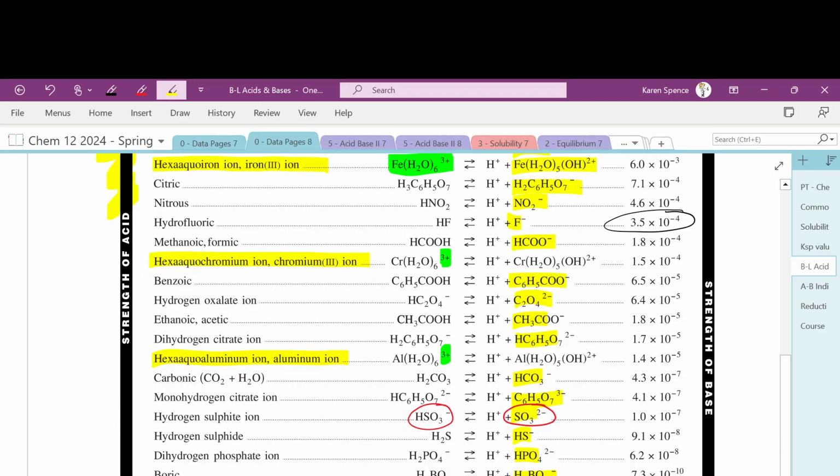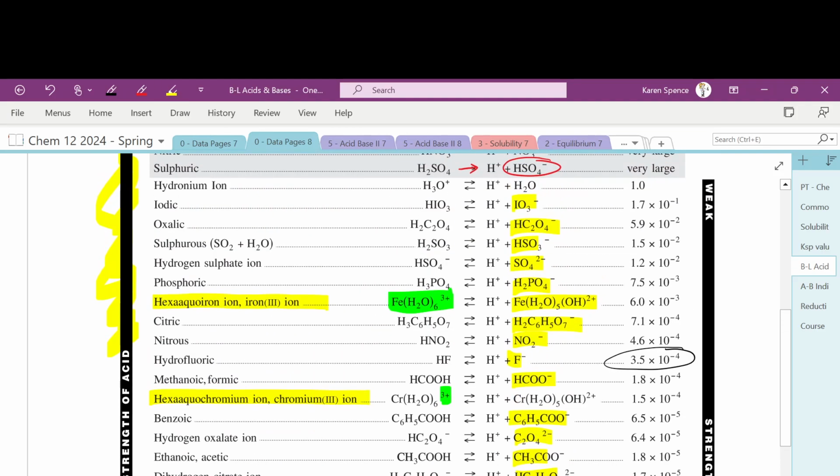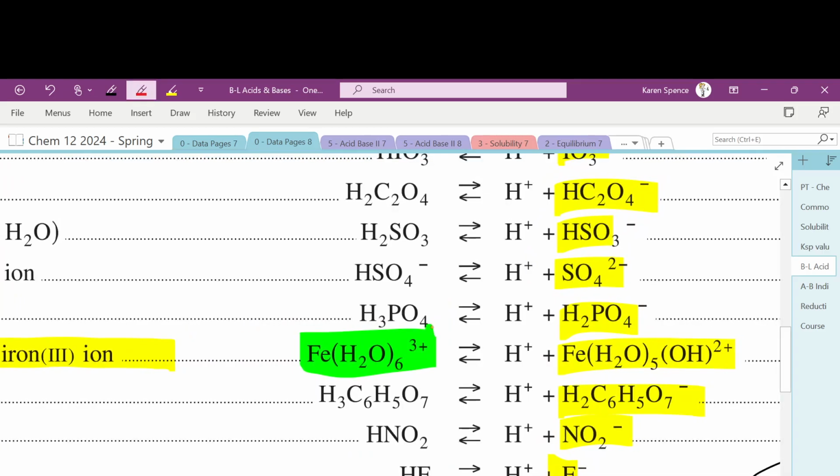And where are those ions? They are on the left-hand side. And so that means they are acids. How are they acids? It's because of those 6 waters attached to them, which gives them tons and tons of hydrogen ions, so they can behave as acids.